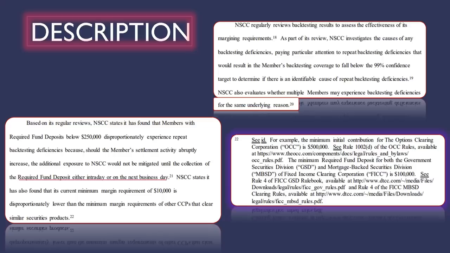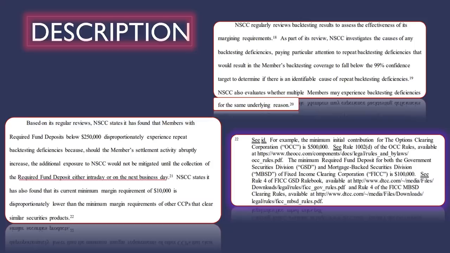NSCC regularly reviews backtesting results to assess the effectiveness of its margining requirements. As a part of its review, NSCC investigates the causes of any backtesting deficiencies, paying particular attention to repeat backtesting deficiencies that would result in the member's backtesting coverage falling below the 99% confidence target, to determine if there's an identifiable cause of repeat backtesting deficiencies.